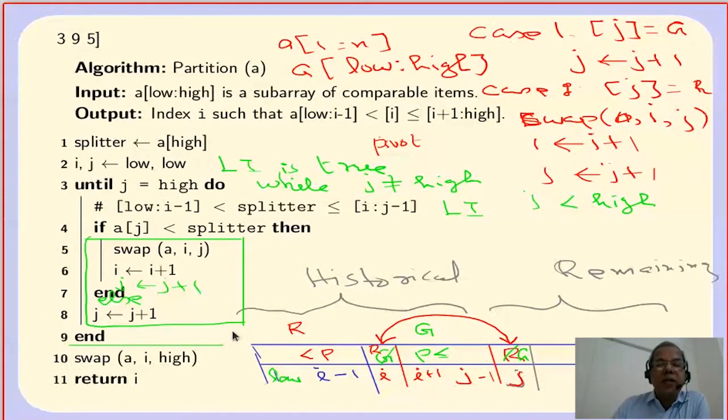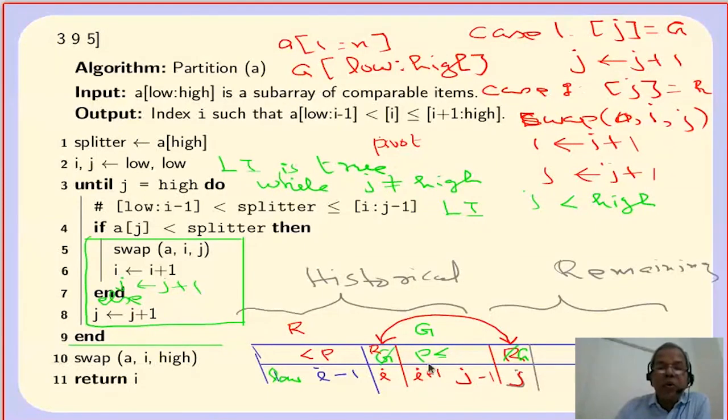But we do not only want to partition the array, we also want to bring the pivot to its right position, which is achieved by swap A i comma high. I am using the last element. The element at index high is the pivot. Low to i minus 1 is less than the pivot. i to high is all larger than or equal to the pivot.